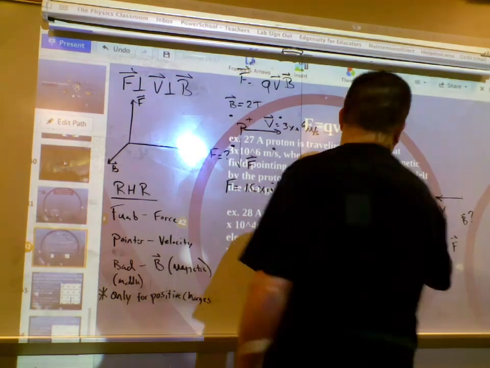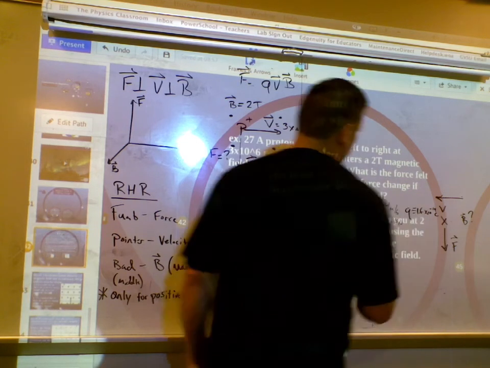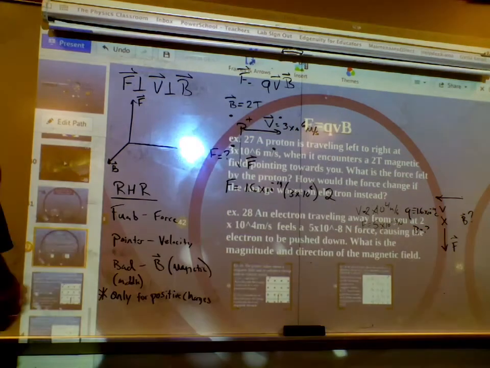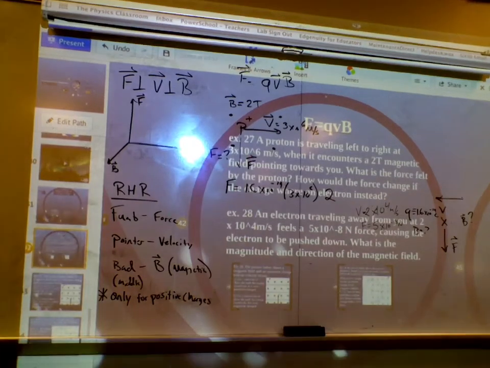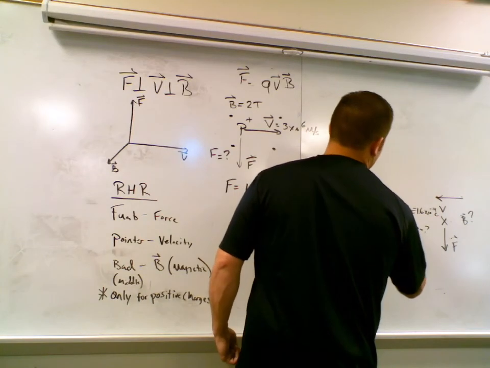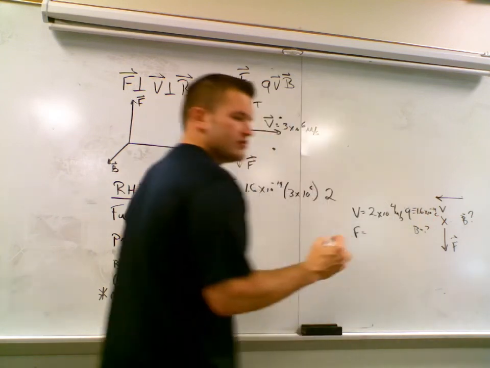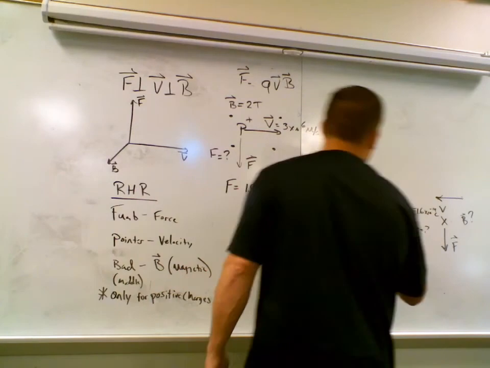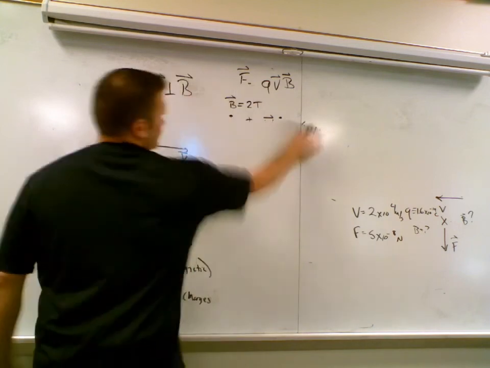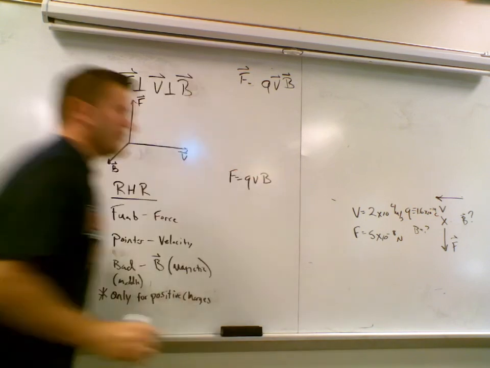It's an electron, so Q is negative 1.6 times 10 to the negative 19 coulombs, and we need to find our B. So that's all the information we have. Using F equals QVB, we can figure out our B.